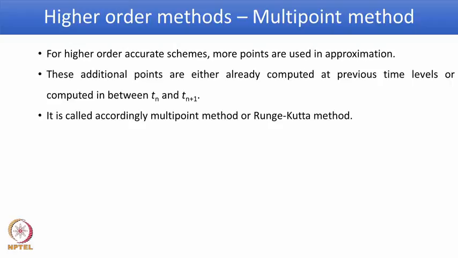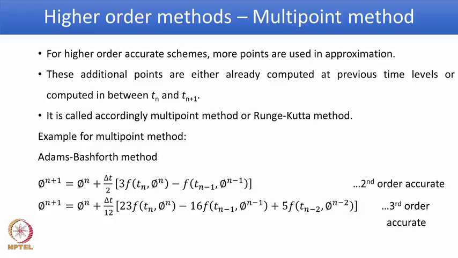We already know a method called Runge-Kutta method, which is a multi-point method. One example of a multi-point method is shown here, what is known as the Adams-Bashforth method. Here again you have one predictor as well as one corrector.